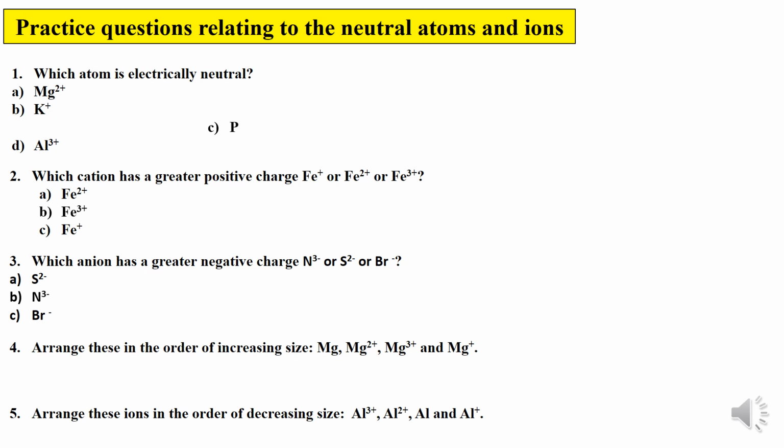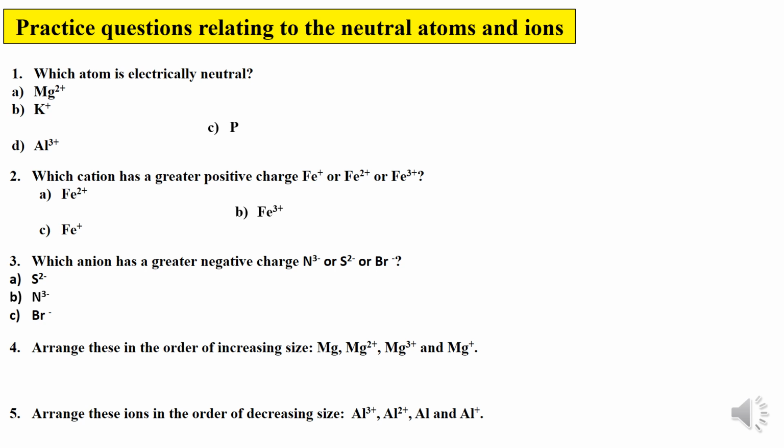Second question, which cation has a greater positive charge? Yes, so you have to select the ion with the greater number of positive charges, that is 3 plus here. So it is the ferric ion with the greater number of positive charges as compared to the ferrous ion with 2 plus and the other ion with only one positive charge.